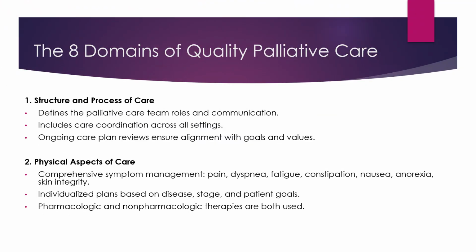The 8 domains of quality palliative care. Number 1 domain is the structure and process of care. It defines the palliative care team's roles and communication, includes care coordination across all settings, ongoing care plan reviews, ensuring alignment with goals and values.